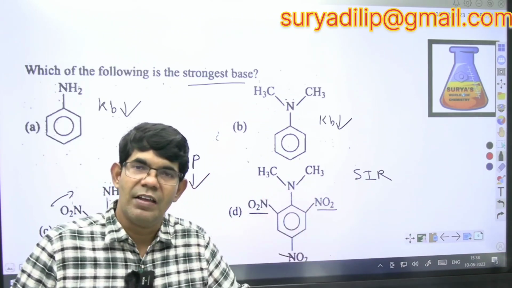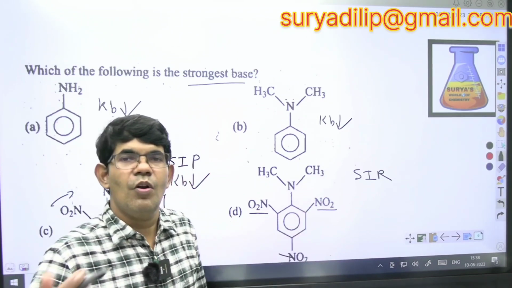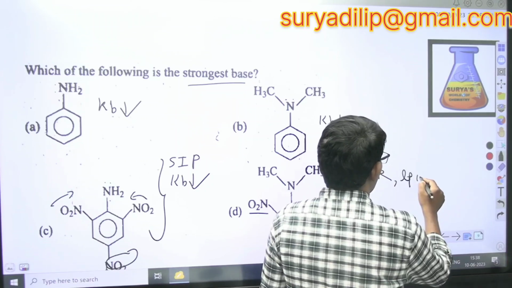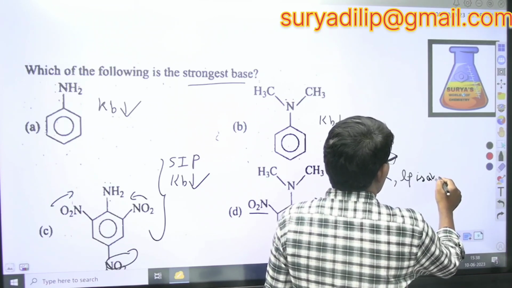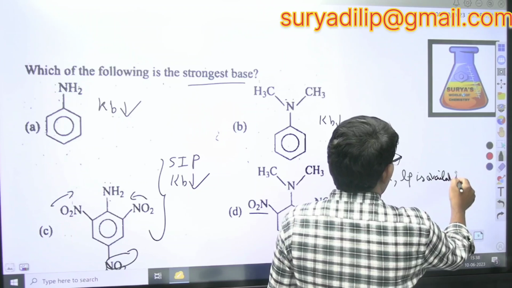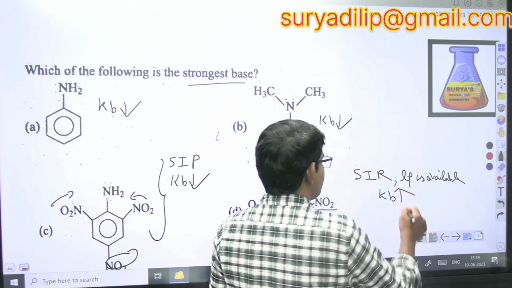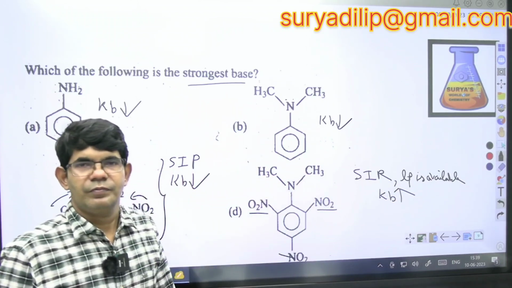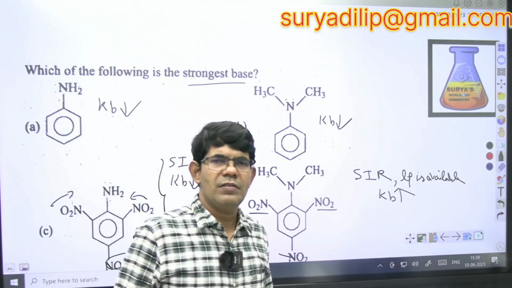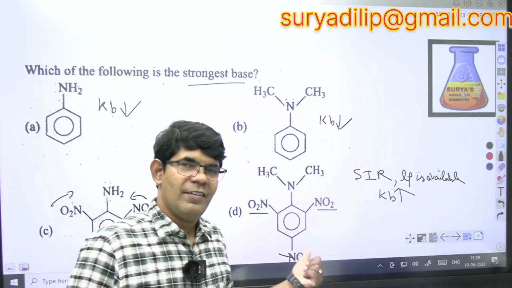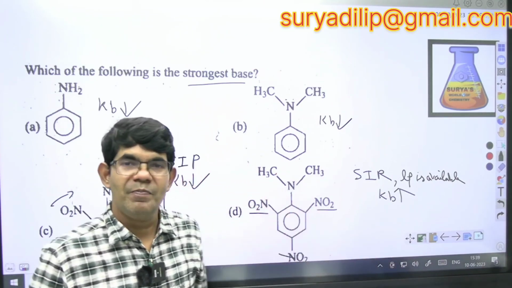Resonance is inhibited. When resonance is inhibited, lone pair is available. When lone pair is available, what happens to its basic strength? Basic strength definitely increases, because the lone pair is available. Okay, before going for this conclusion, does it involve in SIP?